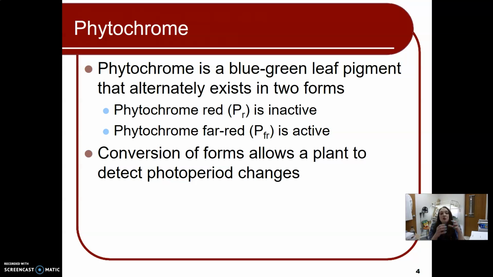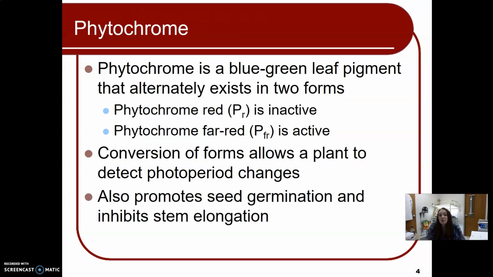It's one pigment in two different modes, and I'm going to show you a picture of this in a second. Converting from the inactive state to an active state and back to inactive allows a plant to detect photoperiod changes. So they can sense light and dark. They don't have eyes, but they can sense it with this pigment.